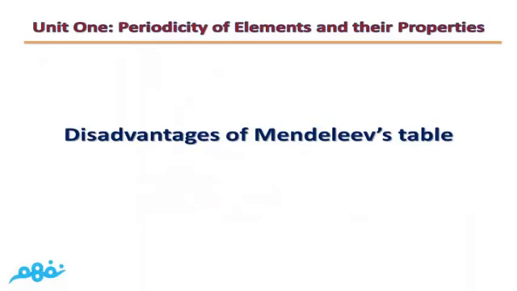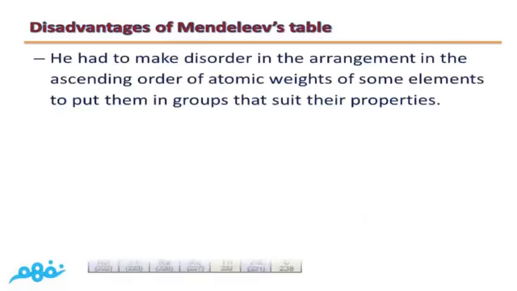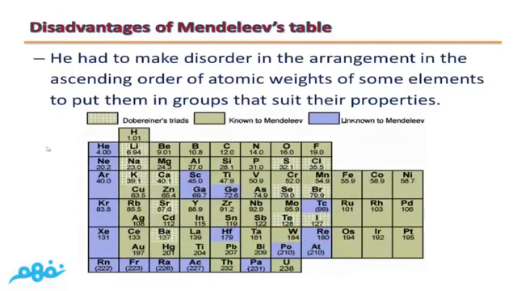Now we will talk about disadvantages of Mendeleev's periodic table. The first one is that Mendeleev had to make disorder. As you can see, here the atomic weight of the element Ta is 181. The second one is 184.